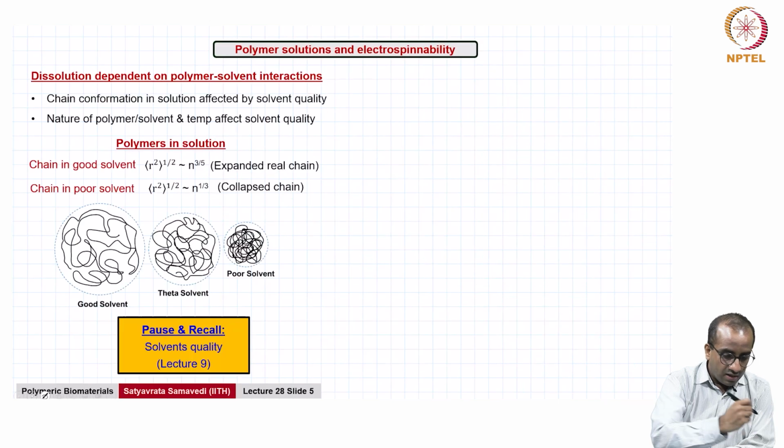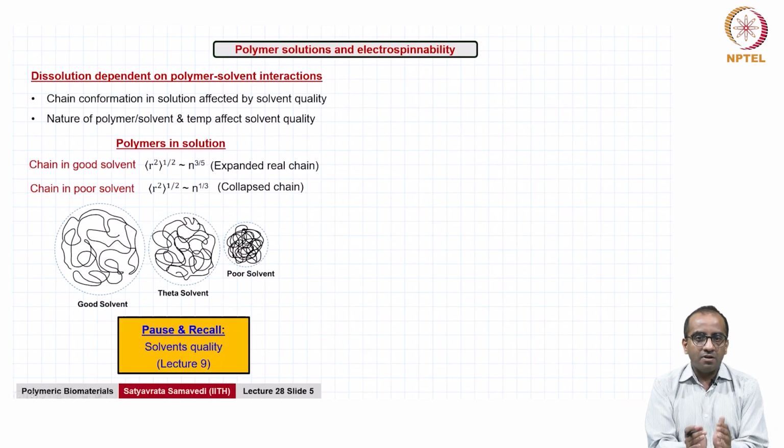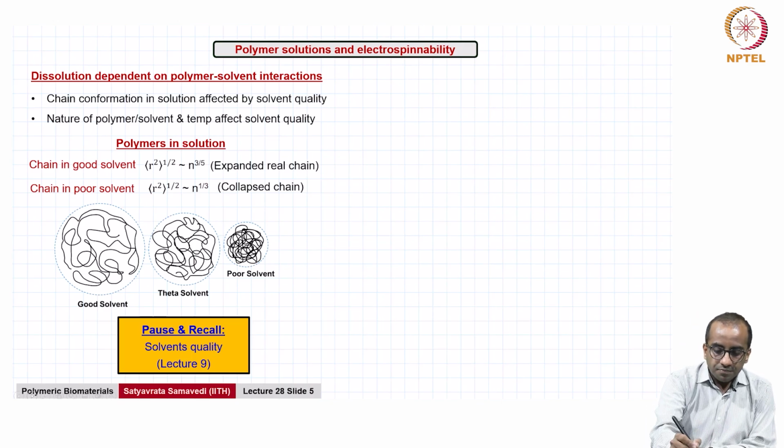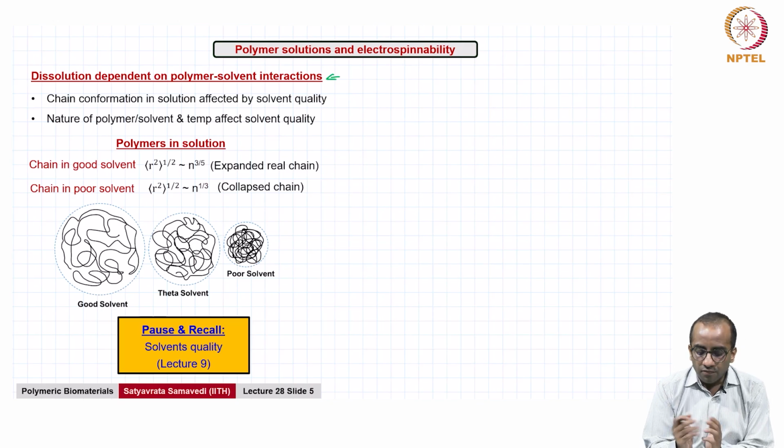Now, that's a good segue for us to look at polymer solutions and the idea of electrospinnability, right? So we have already hinted at the fact that you're looking at solution electrospinning, for which you need polymer dissolved in a solvent. And dissolution is something we have already looked at in great detail in lecture 14, polymer dissolution, and we have looked at solvent quality in lecture 9 in great detail.